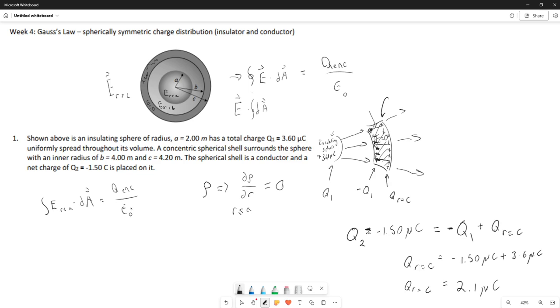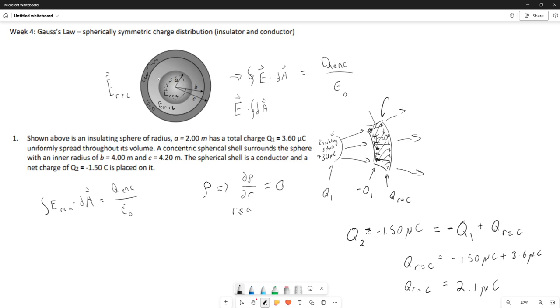So what we're doing is looking at some spherical surface inside some general radius less than A. That means we need to know the amount of charge enclosed within that radius. Well, at first it's not obvious what this is, right? Because we're only given the total charge and not the charge density.